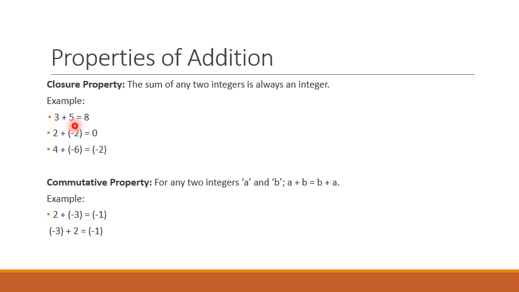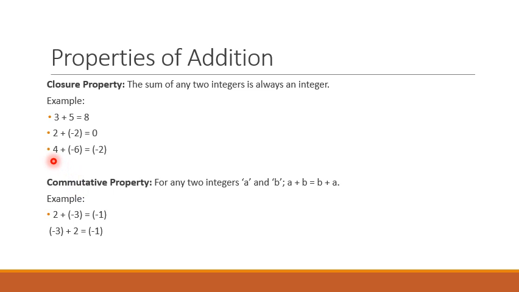Here 3 plus 5, they are two positive integers. If I add them, I'll get 8, which is again a positive integer. Now if I add 2 plus minus 2, the answer will be 0. So again 0 is an integer.